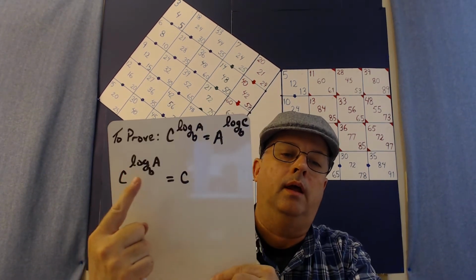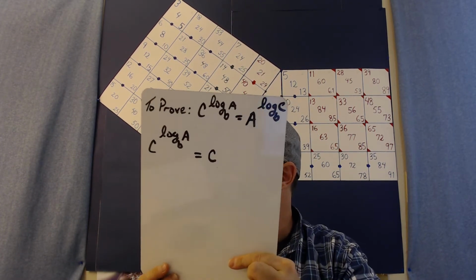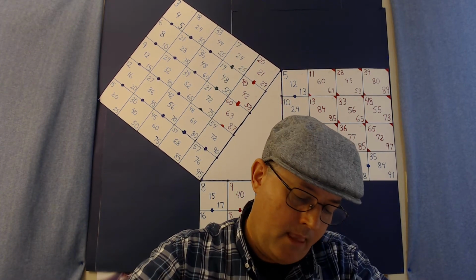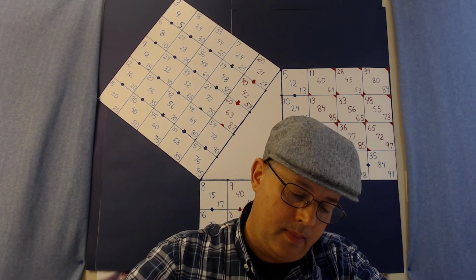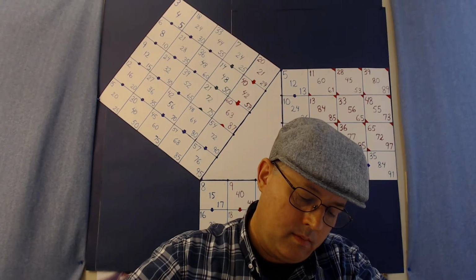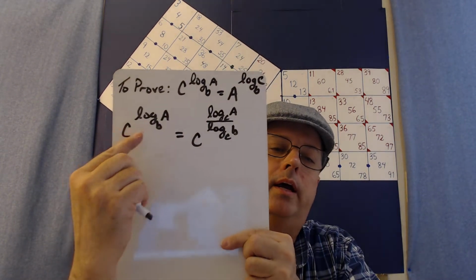So this is going to become, this is C, and instead of having base B here, I'm going to change it to base C. So we have log base C of A over log base C of B. I changed the base in my exponent here.